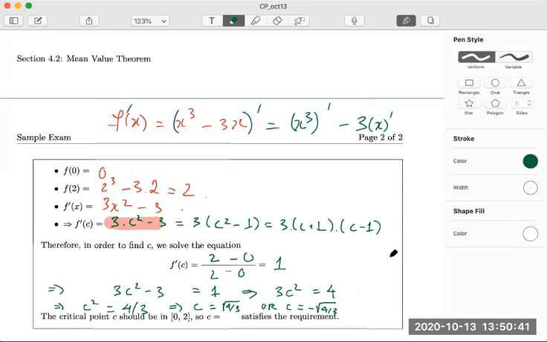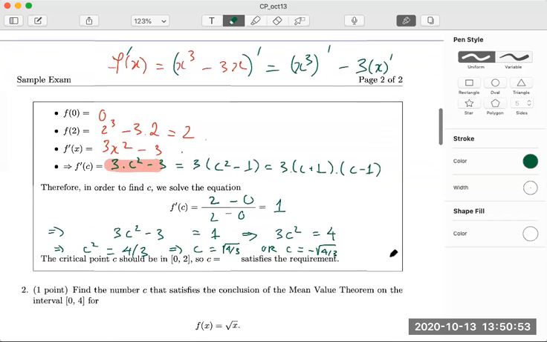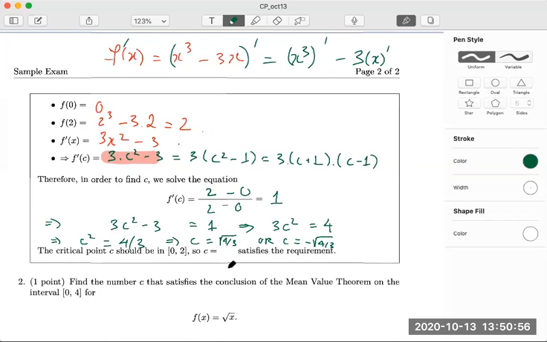right? We have that. But the domain is from 0 to 2, okay? We're looking for a C from this interval. Therefore, we can, Mr. Tran, yes. Why can C be equal to square root of 4 over 3 or negative square root of 4 over 3? Why do we include the negative?